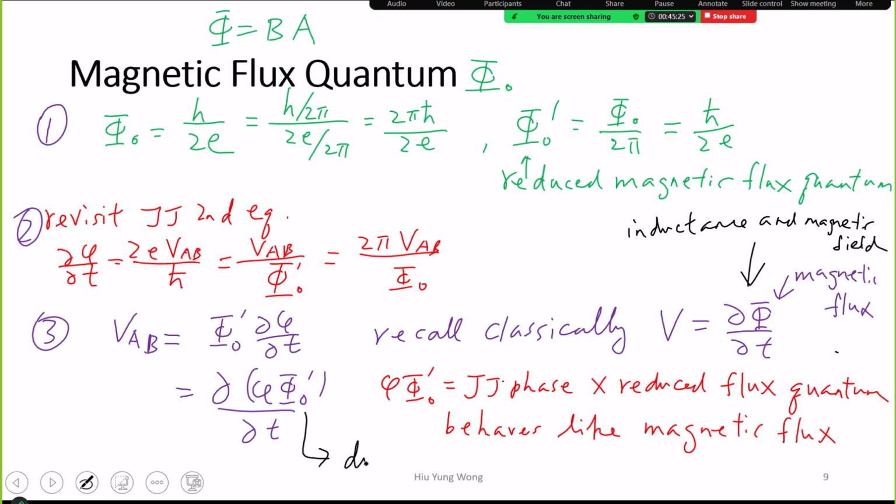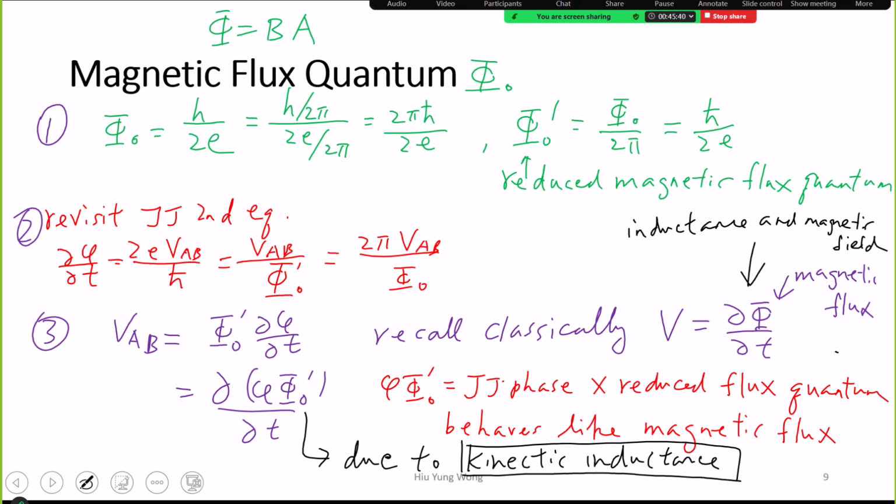This is due to what we call the kinetic inductance. Should I talk about this now? Because a superconductor has no resistance, if you want to change the current, it has a very large inertia. You need to apply a big force to change it. And that is the so-called kinetic inductance.